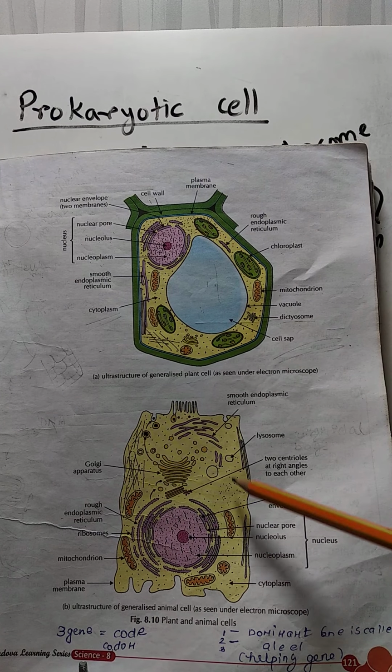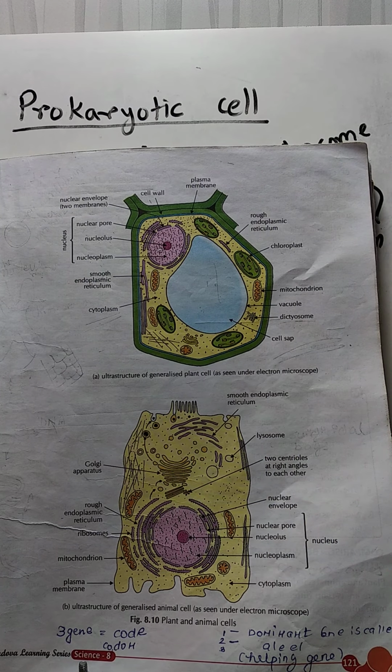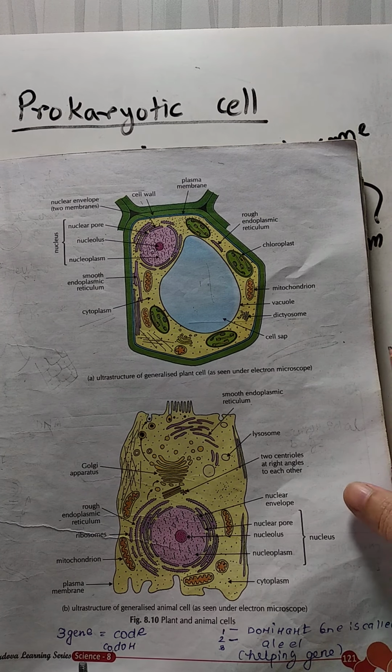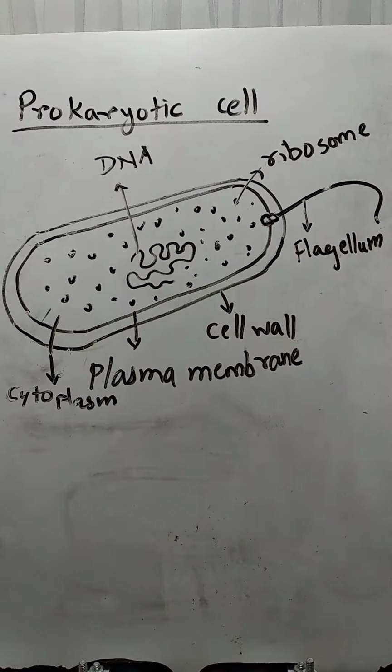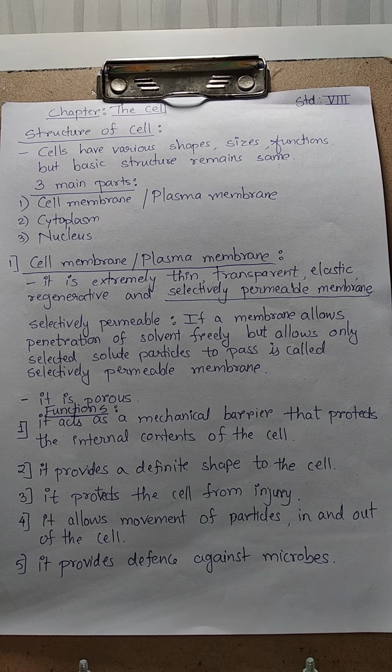Here also such membrane-bound organelles are present, which we will be studying in detail later. Okay, so this is the basic difference between prokaryotic and eukaryotic cells. Now let's actually start the structure of a cell. Okay, let's study the structure of the cell.